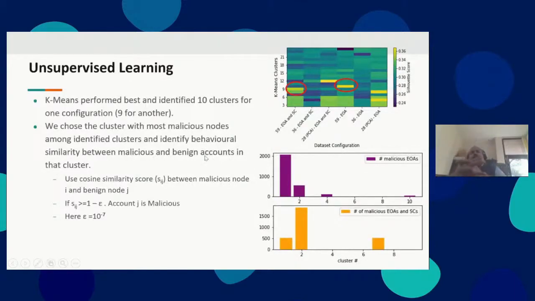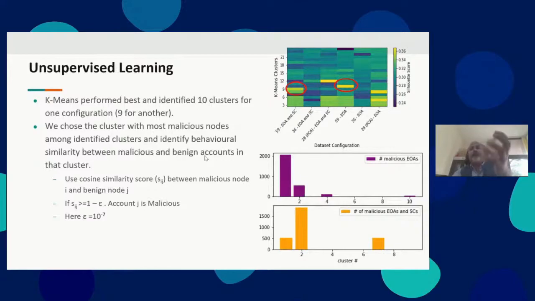We also use unsupervised learning for accounts, and the way we do that is we use clustering. We take these features, and these feature vectors construct a vector space.